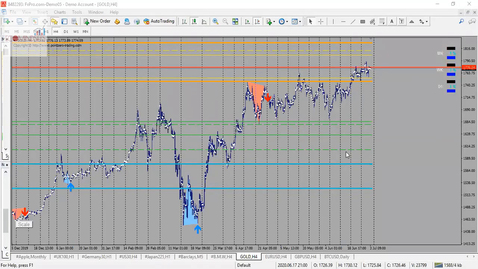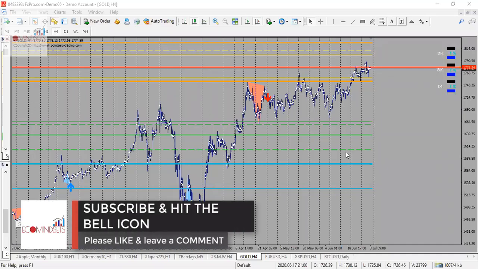You see, there are times that the monthly will give you a resistance zone far away from price, and then it will give you a weekly zone, which is also far away from the current price. But then maybe the daily will be close to price.